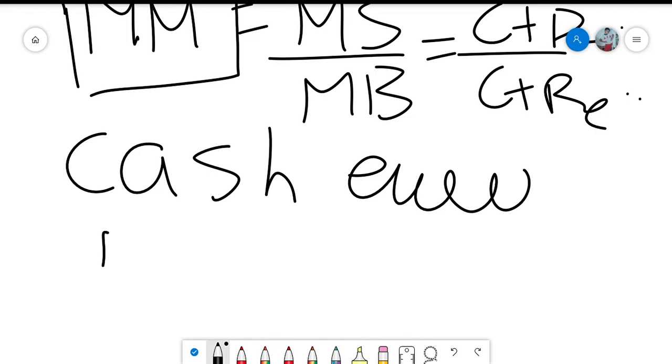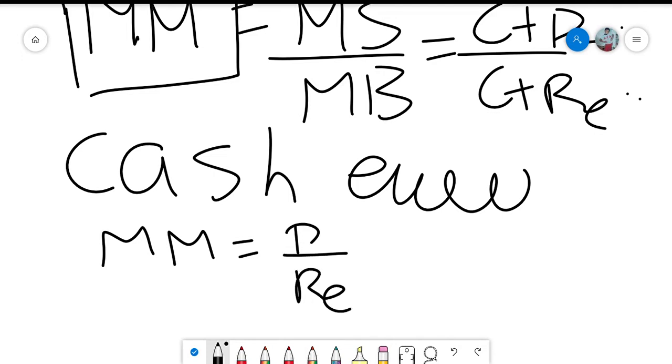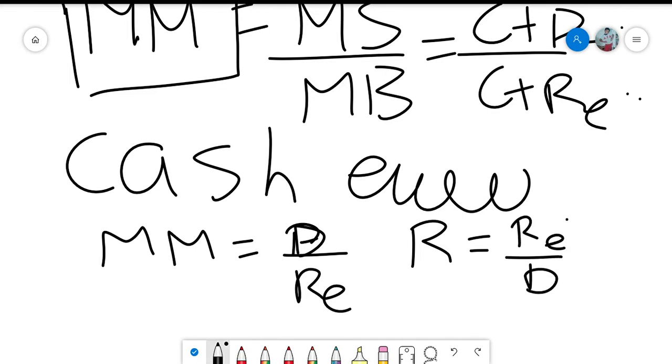So we can write the money multiplier as D over RE. Now, we learned from before that there's a reserve ratio, which is equivalent to RE over D. The reserve ratio is how much you keep in reserves versus how much people deposit into the bank.